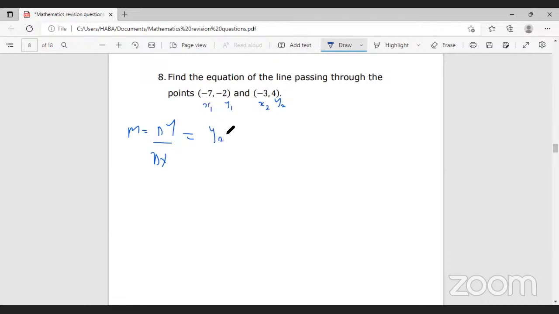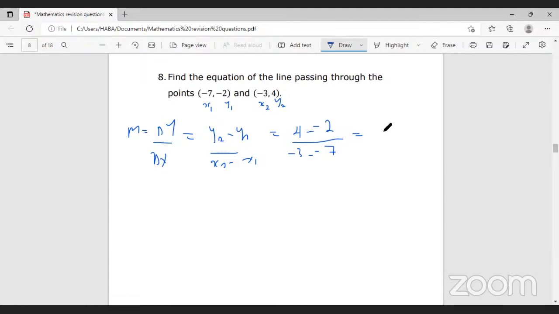We can say y2 minus y1 over x2 minus x1. So 4 minus -2 over -3 minus -7.